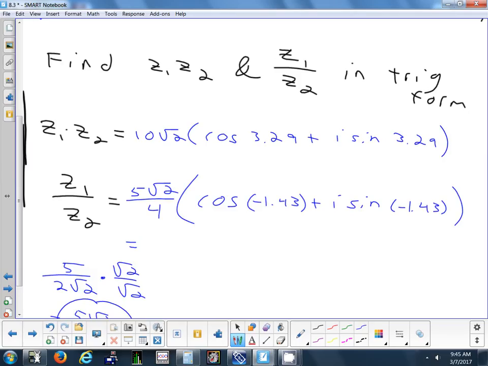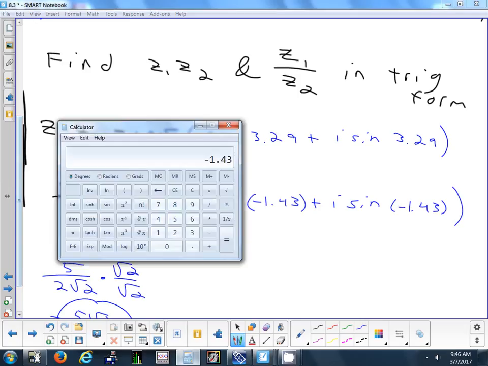Now, the only thing that sometimes they might do is get rid of that negative, which is very simple to do. What did we say the difference is between taking cosine of an angle and cosine of the same angle with a negative? Anybody remember? We looked at this when we did the sum and difference identities last week. Difference between, say, cosine of 10, cosine of negative 10? Nothing.